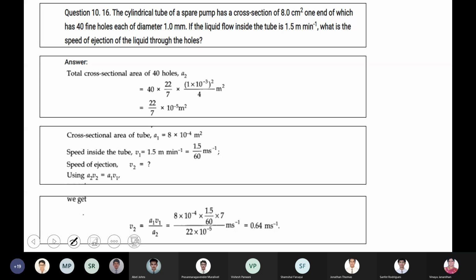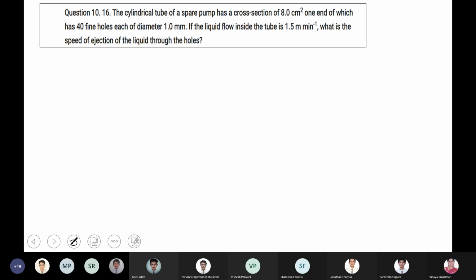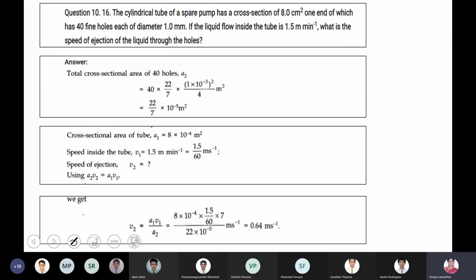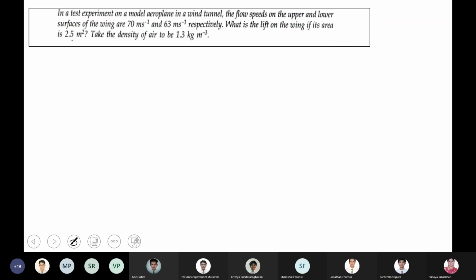Well, now we'll go for Bernoulli's theorem numerical. Boys, shall I move to the next numerical? 11B. Yes, ma'am. Okay, fine.